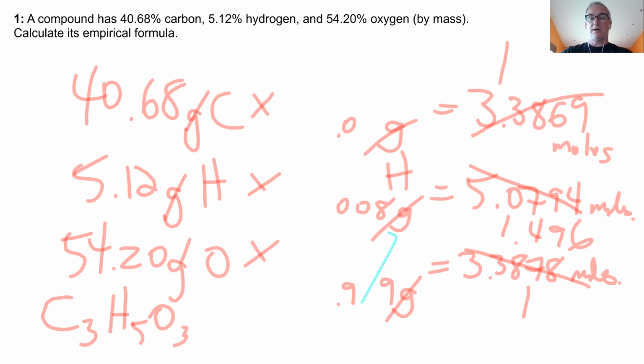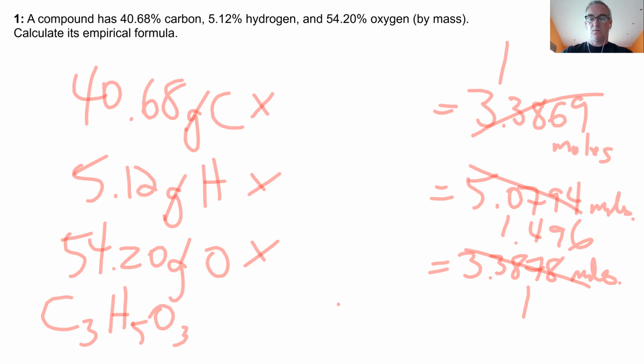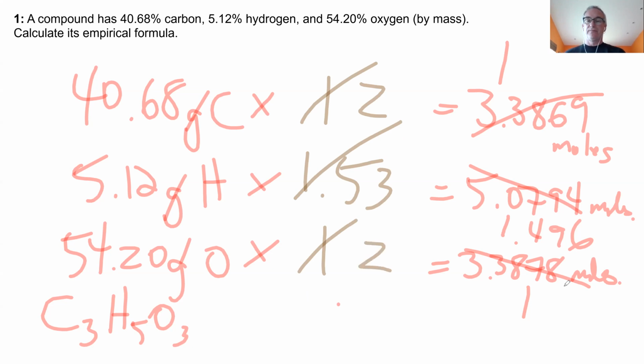So my ratio is 1, 1.5, and 1. The simplest way to make that all whole numbers is to multiply everything by 2. So 2, 3, and 2. Now, sometimes you're going to see something like 1.333. How do we convert that to a whole number?